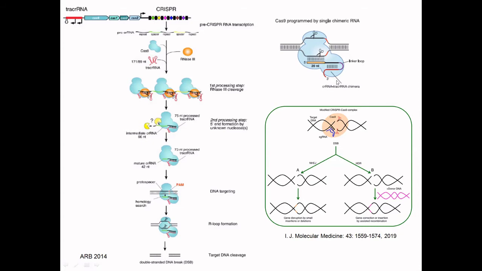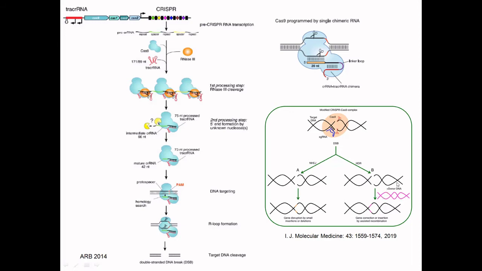After this double stranded break, the repair of this DNA is possible by using the repair system of the host cell. When there is a donor, a homologous chromosome, it takes it as a template and makes an exact copy of this broken DNA so that there are no mutations or alterations in the final DNA.